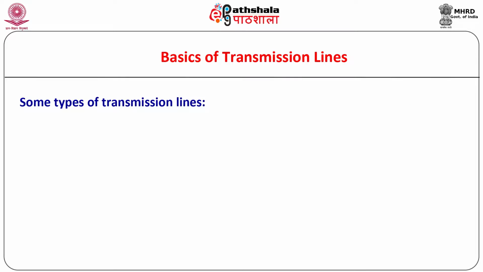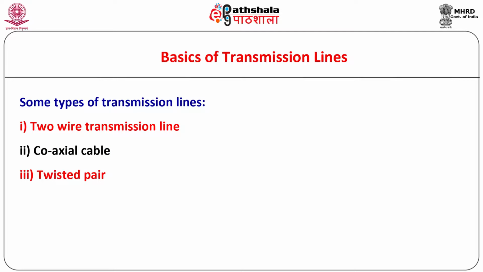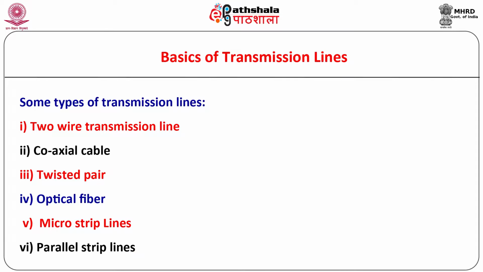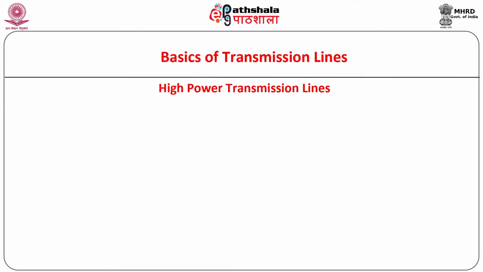Depending upon the nature and type of transmission, several types of transmission lines, which are also referred to as transmission media, having different geometries, can be found described in the literature. Some of the transmission media are two-wire transmission line, coaxial cable, twisted pair lines, optical fiber, microstrip lines, parallel strip lines, etc. Generally, we deal with transmission lines with moderately low power.